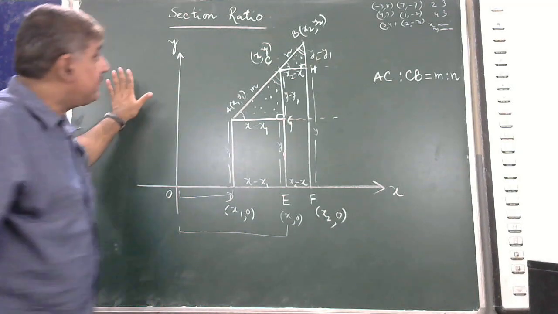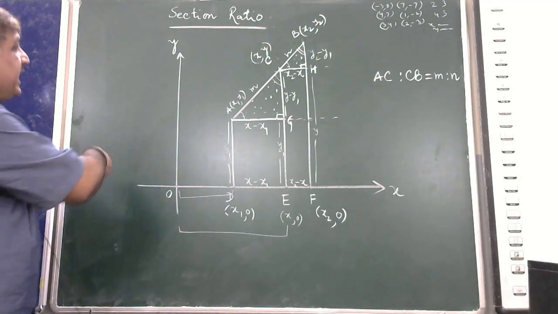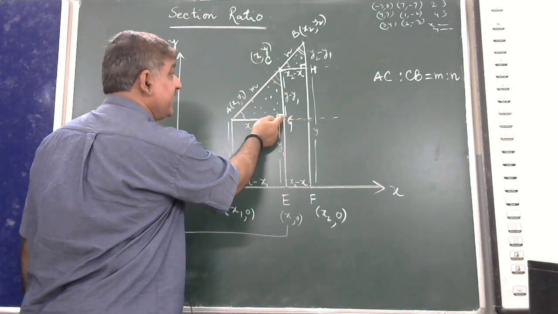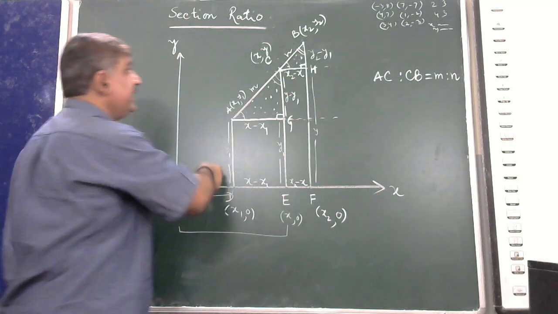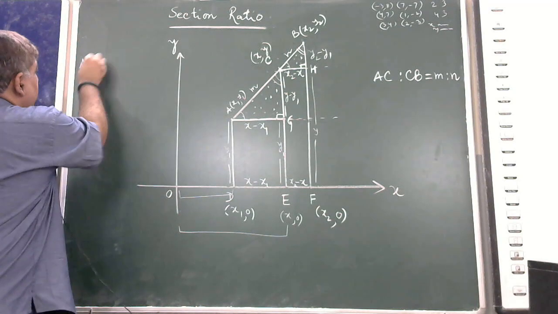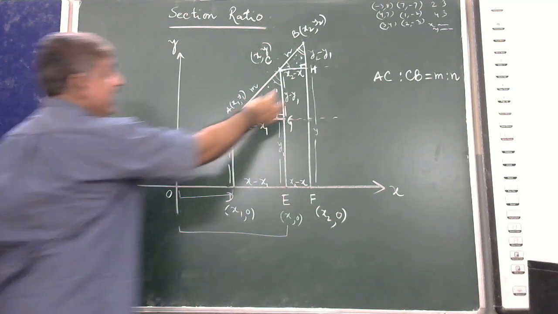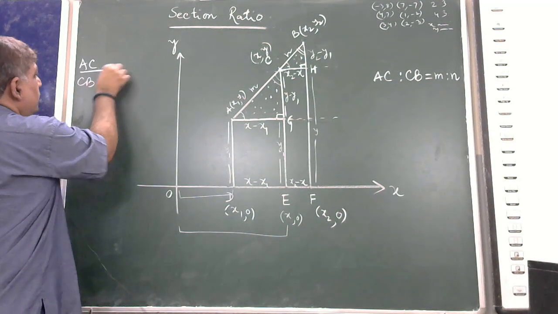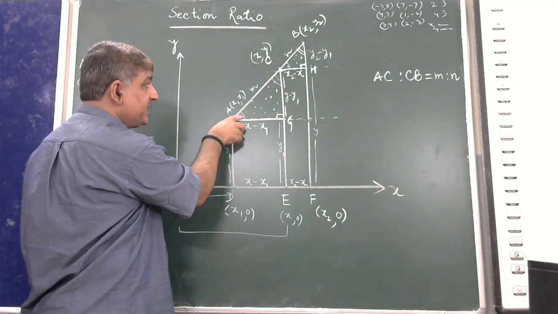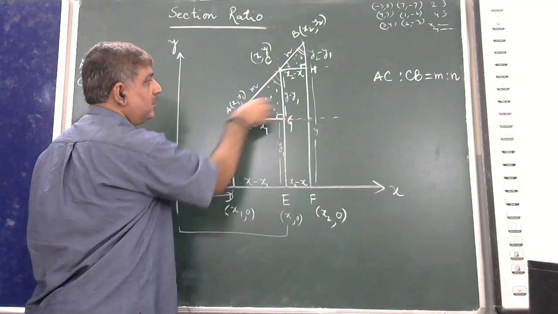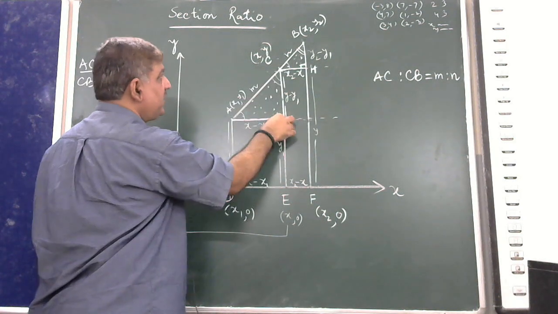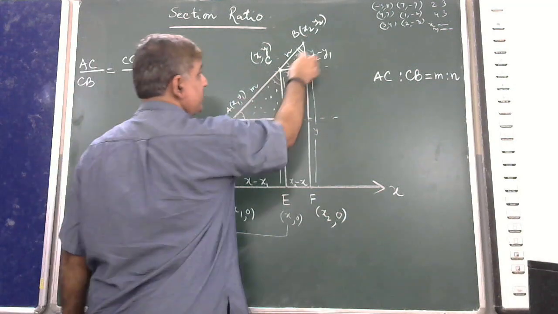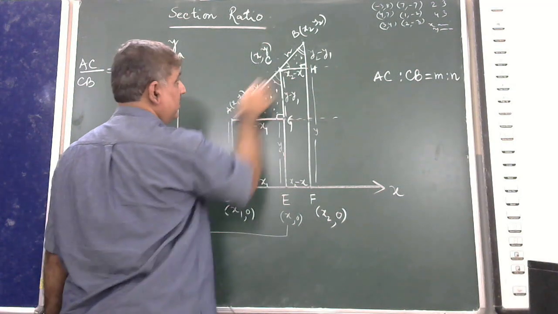So what we have here is the corresponding sides: the side opposite to 90 degrees, AC, divided by the side opposite to 90 degrees, CD, is equal to the side opposite to this angle, that is CZ, is equal to the side opposite to this angle, because this angle is equal to this angle.